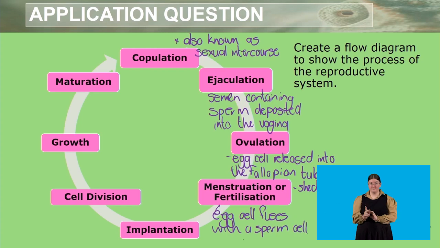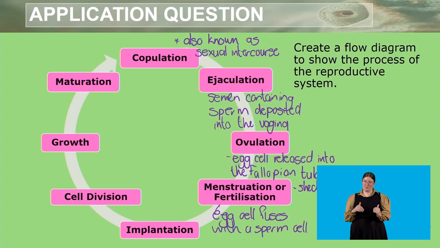Okay, so once the egg cell and the sperm cell have fused, they form a zygote, and they will travel through the fallopian tubes. So through the fallopian tubes, we know that that's where fertilization takes place. And that's where cell division will start.